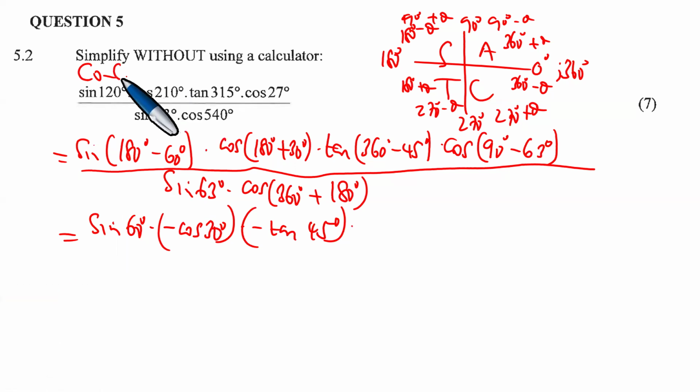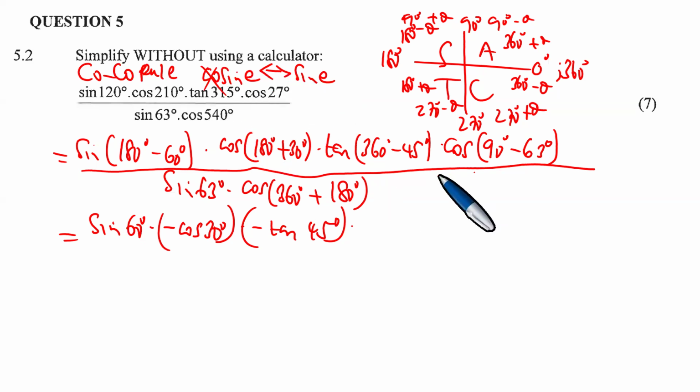The Coco rule says that cosine theta can be changed to sine theta. In other words, if you scrap the co, cosine becomes sine, and if you put a co on the sine, sine becomes cosine. So you can move in either direction.